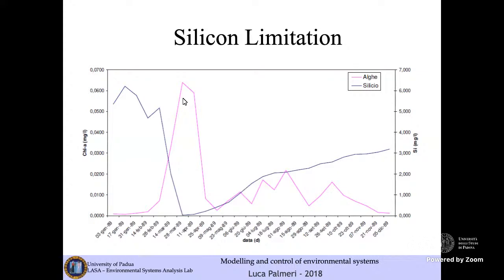You may remember from the discussion we had yesterday that these algae are typically diatoms. So when these algae start to grow, they start consuming silicon, and then after the concentration of silicon drops, also the population of algae tends to drop as well. This is a clear demonstration that we have nutrient limitation due to silicates for algae.